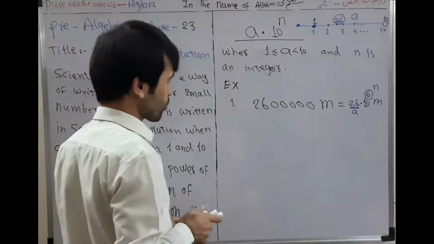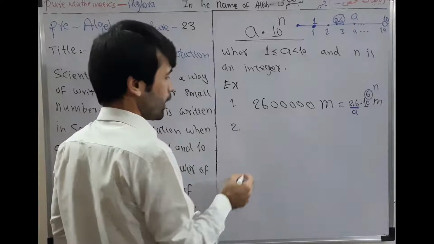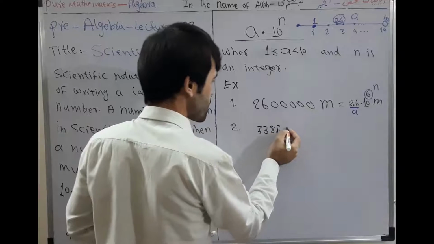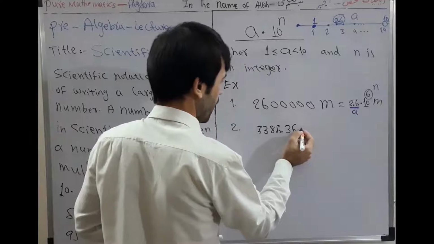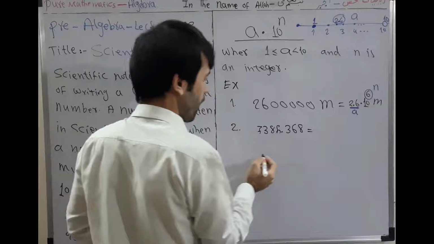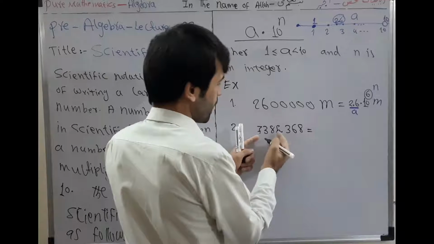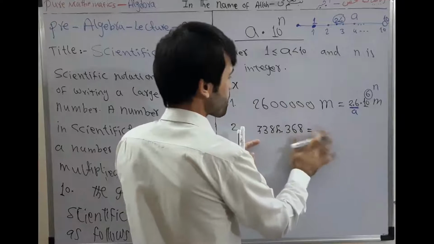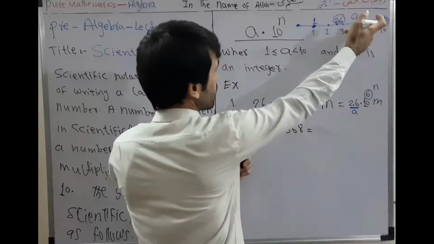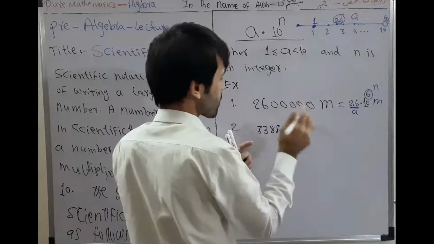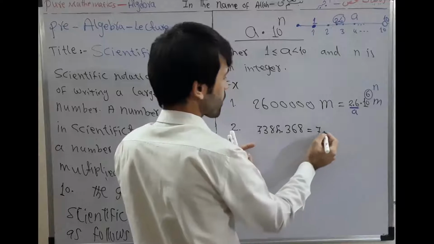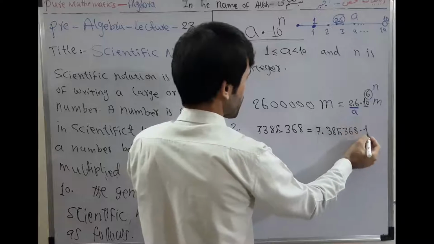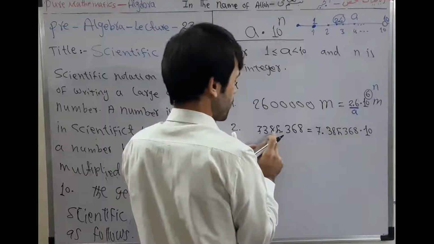Next, question 2. 7385.368. How can we write it in scientific notation? Now it is greater than 10. We can write 7.385368 multiplied by 10 to the power how many? 1, 2, 3.